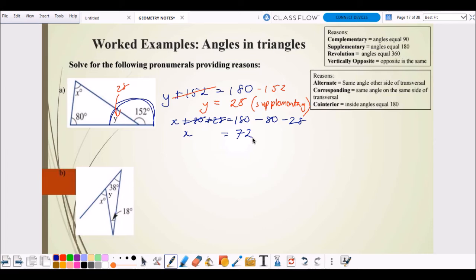Right? Easy? Yeah? Next one, we have 38, we have y, we have x. Let's start with y. This is a triangle right here. You see that? So all of those angles, when you add them together, should equal 180. Who's ready for that?